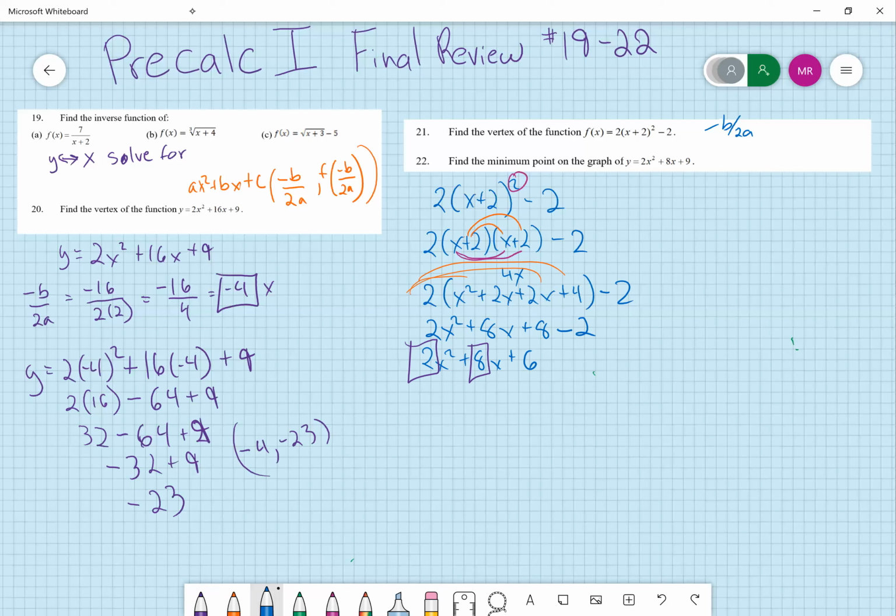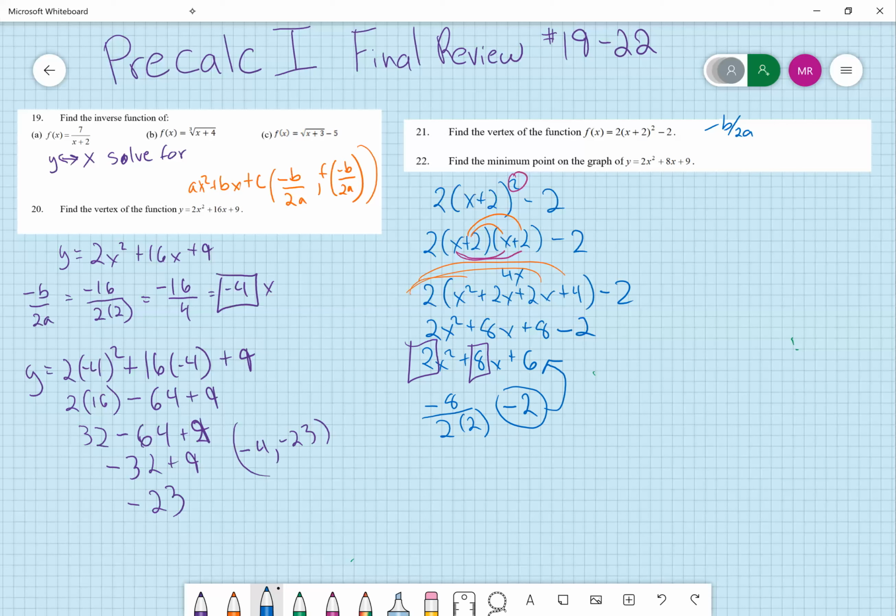So we want to do negative b, which is negative 8, over 2 times 2. Negative 8 divided by 2 times 2 is 4, which gives us negative 8 divided by 4, or negative 2. Now we can put this negative 2 into this function right here, but we've got a nice workaround.